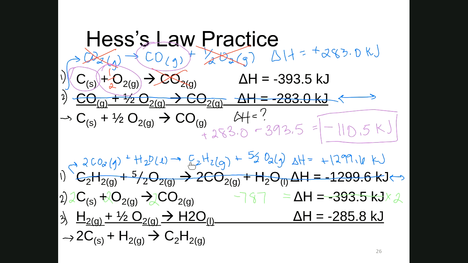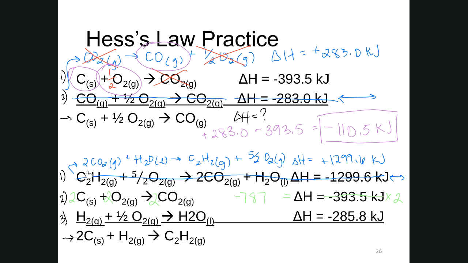Now we need to get rid of anything that does not appear in the overall reaction. So what substances do not appear in the overall reaction? You should see, for instance, carbon dioxide does not appear in the overall reaction. But we have carbon dioxide here, and we have carbon dioxide here.